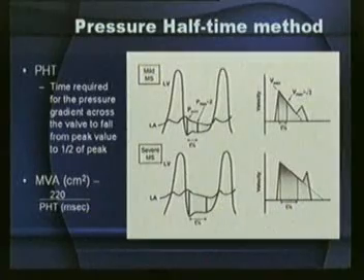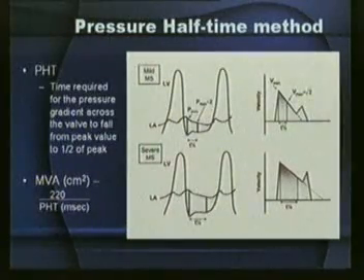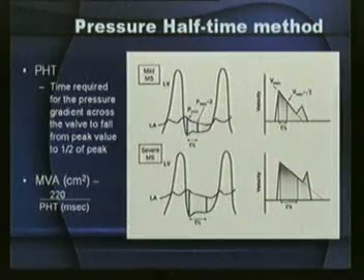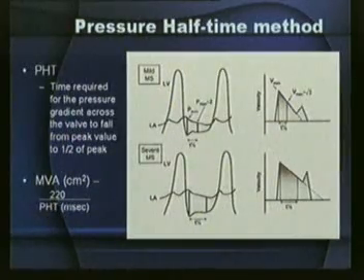Let me tell you a little history here. The pressure half time method was defined by a lady called Liv Hatle from Sweden, who now works as an emeritus professor in the Mayo Clinic, and her engineering colleague, Mr. Bjorn Angelsen. They wrote a book on clinical echocardiography, and this was a paper published in 1978 in the British Heart Journal.